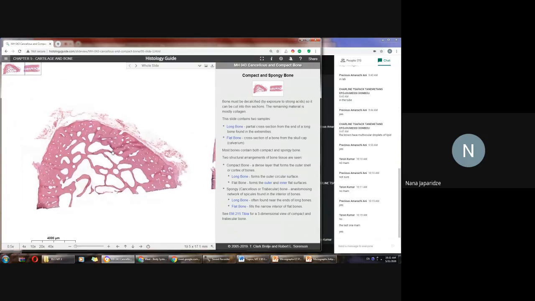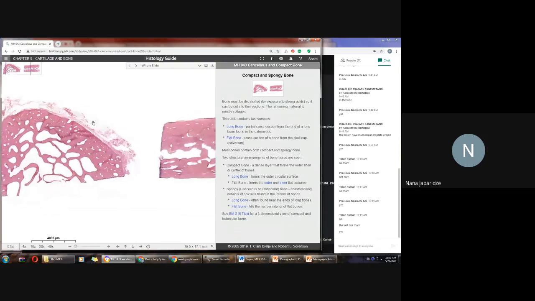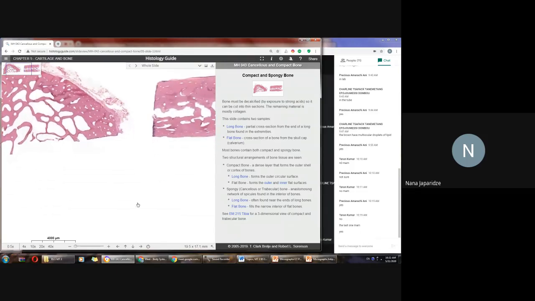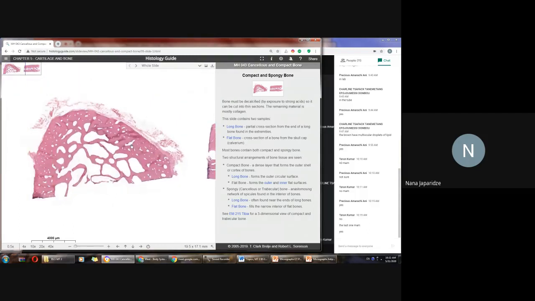Bone tissue. What type? You have to know the types of bone tissue, how they actually develop. You have to know these processes: the process of remodeling of bone, and the process of bone osteogenesis, intramembranous and endochondral osteogenesis.